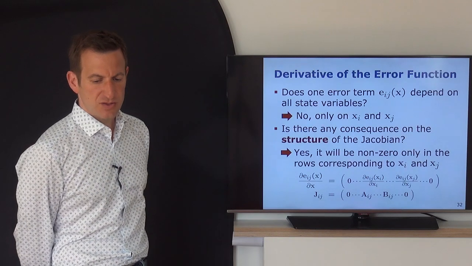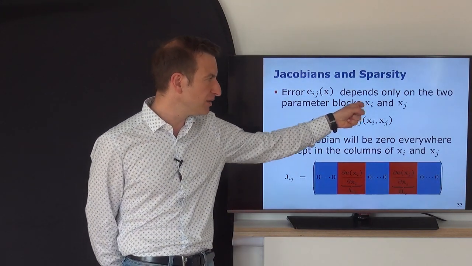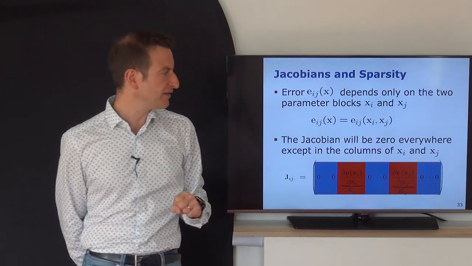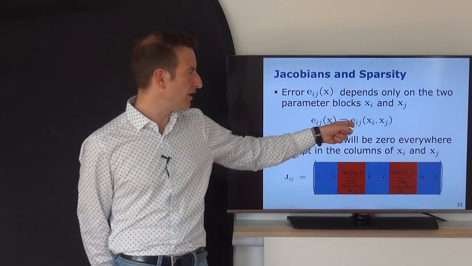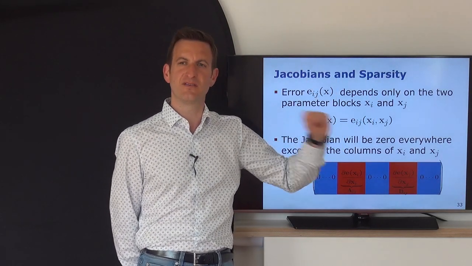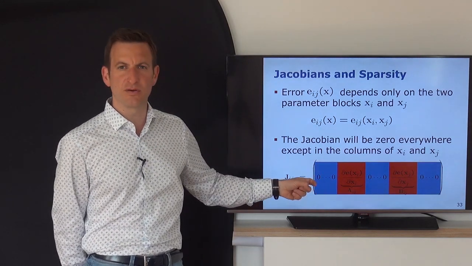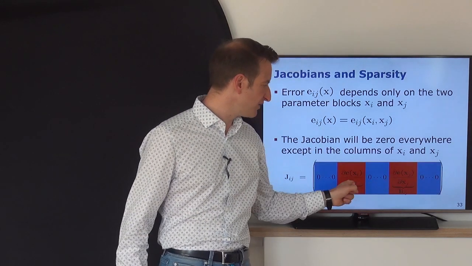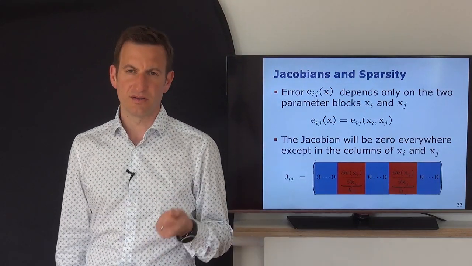So, Jacobian and sparsity. If our error function depends only on the variables xi and xj, that means all other elements, which are x1, x2, x3, x4, x5, and so on, which are not i and j, are zero. These are illustrated by these blue blocks over here. These are all the blocks which are zero, and we just have these small blocks which are non-zero.